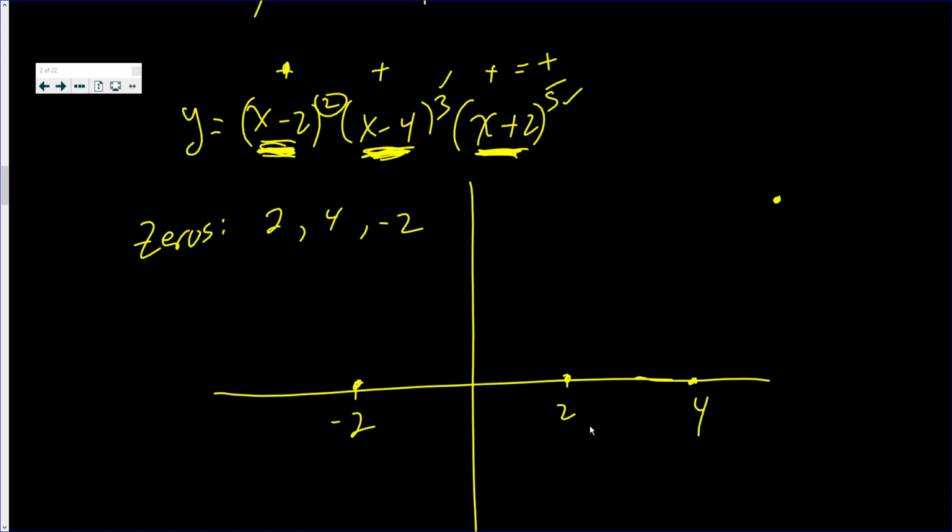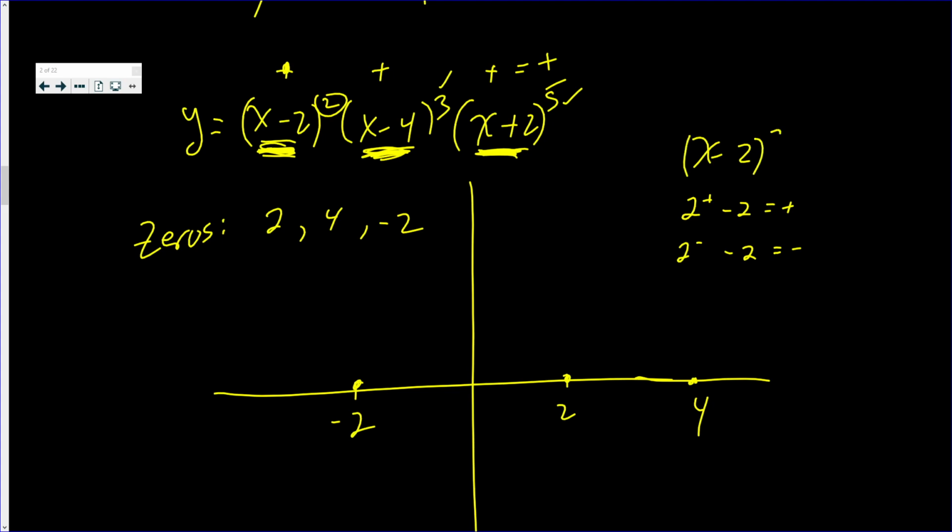Let us look more carefully at x minus 2. If you have a little bit more than 2 and you take away 2, you'll be a positive number. If you're a little bit less than 2, like 1.9 or 1.99, and you take away 2, you'll be negative.